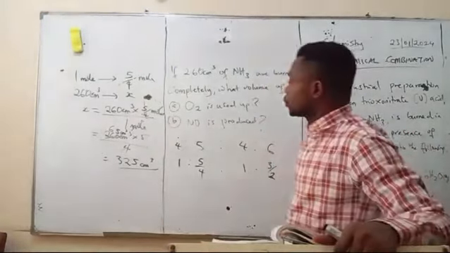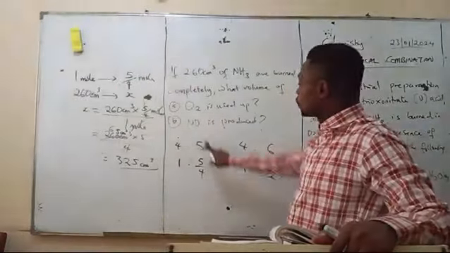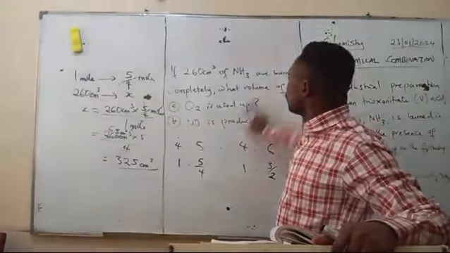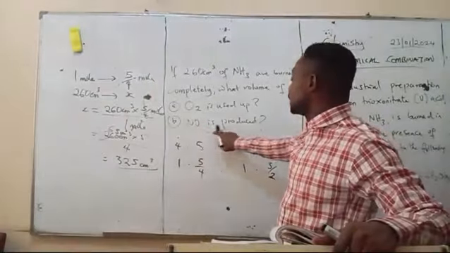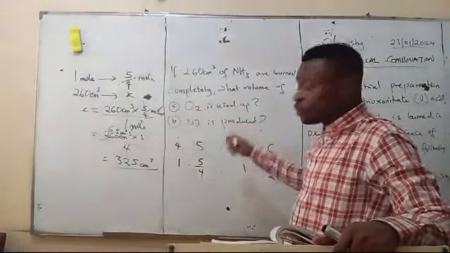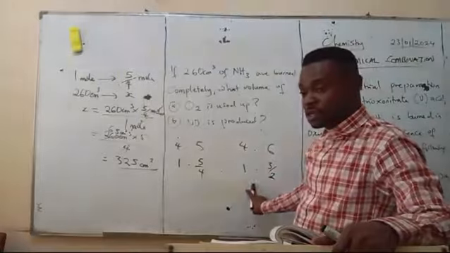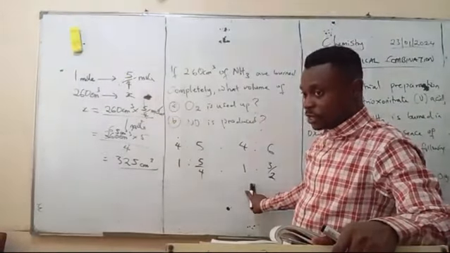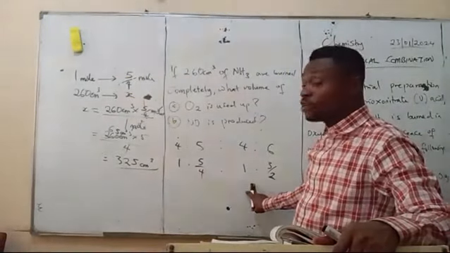Done? So the second question says, what volume of nitrogen 2 oxide is produced? Before you can solve it, you have to go back to the equation.